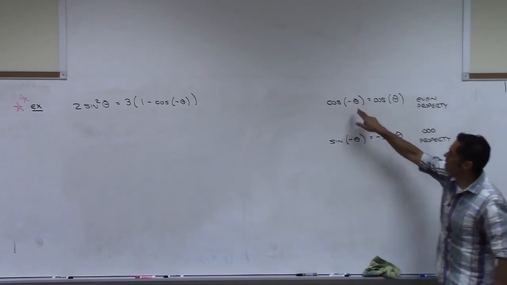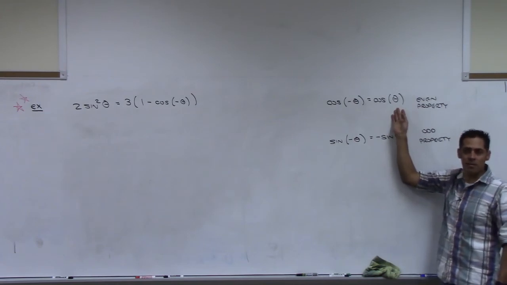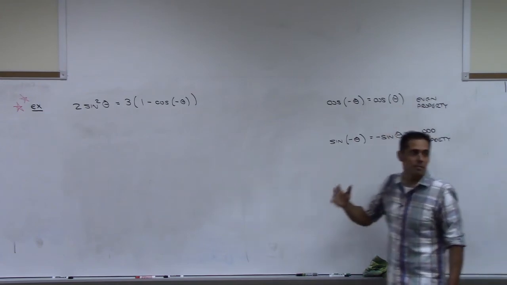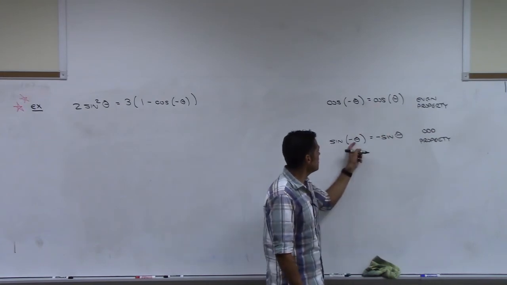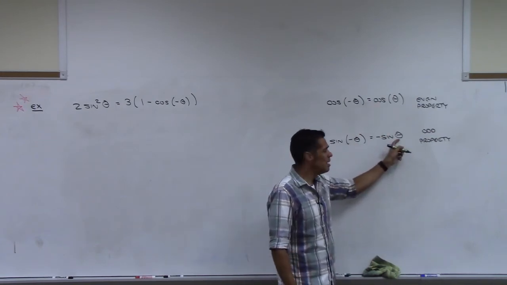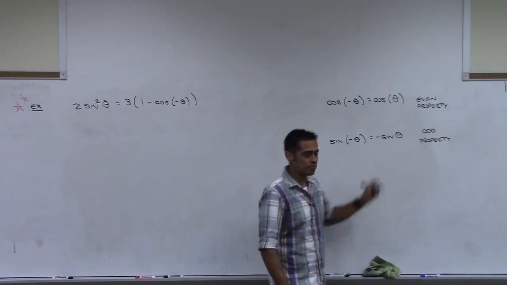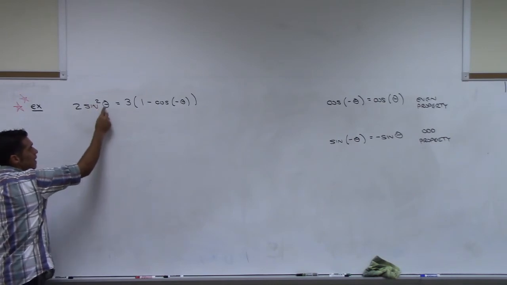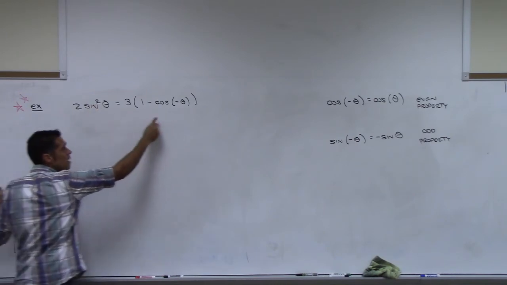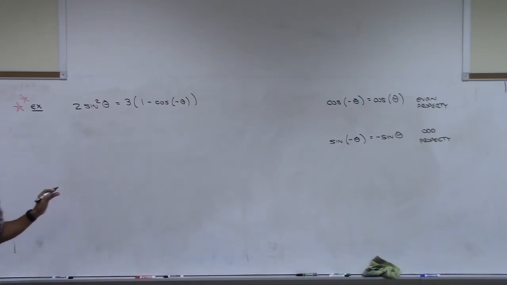So if you ever see a negative angle inside of a cosine, you can just scrap the negative and turn it into a positive. On sine, if you have a negative inside, you can make it a positive, but then you have to put a negative out front. So in this particular problem, we have sine squared of positive theta, right? And over here we have cosine of negative theta, but I can just change that to cosine theta.